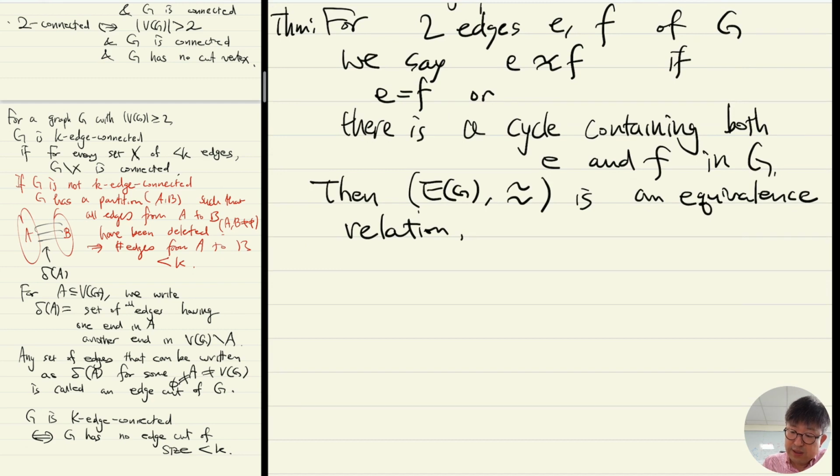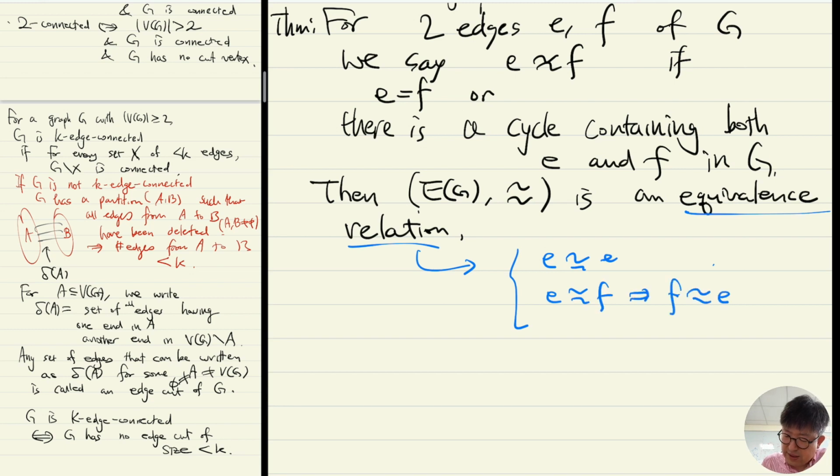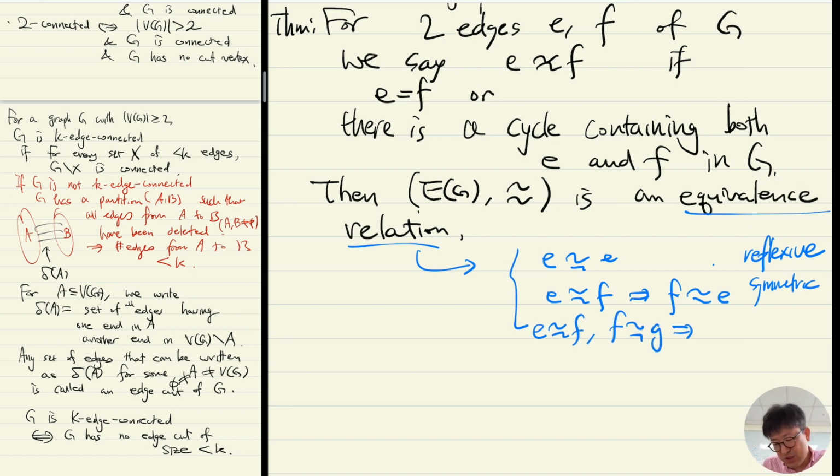So remember, what is the equivalence relations? You satisfy three properties, right? E is equivalent to E. This is called the reflexive. If E is equivalent to F, then F is equivalent to E. This is called the symmetric. And the last property is, if E is equivalent to F, F is equivalent to G, then E is equivalent to G. This is transitive.